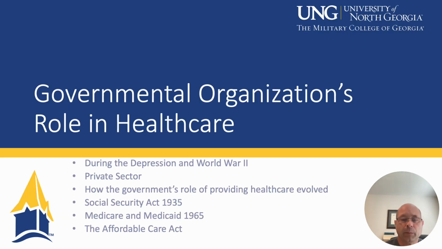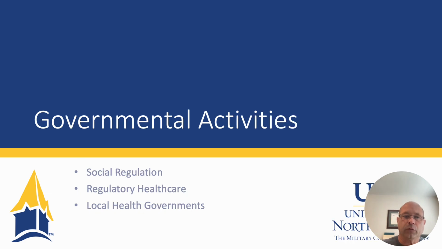Now, keep in mind with the government organizations' role in healthcare, during the Depression and World War II, the United States had no funds to start a universal health care program, and this had been an issue discussed for years. So they came up with the passage of the Social Security Act of 1935, and then the establishment of Medicaid and Medicare programs in 1965, which mandated the government's increased role in providing healthcare coverage for those who did not have it.